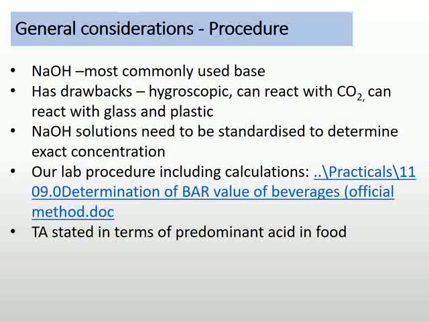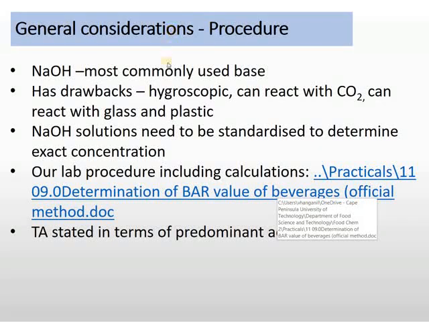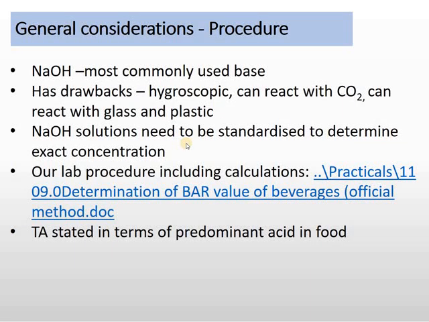We already mentioned sodium hydroxide is always used, and that it's highly hygroscopic. It can also react with carbon dioxide and with glass and plastic, and by doing so it changes its concentration. That is why it has to be standardized to get the actual concentration, and we usually standardize it with another acid.